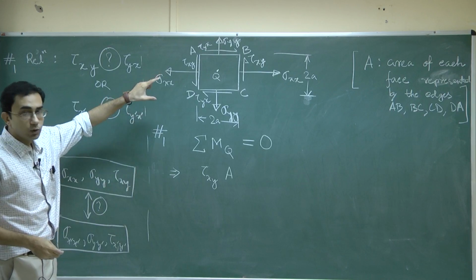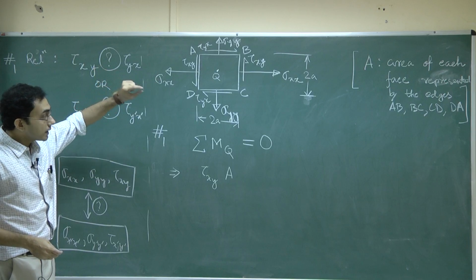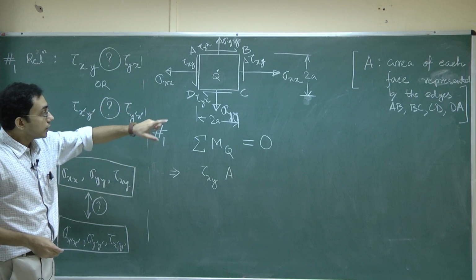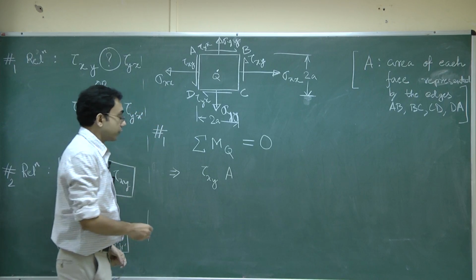They are all of equal length. The thickness into the plane of the board is the same all throughout, therefore they have the same area. So I don't have to worry.